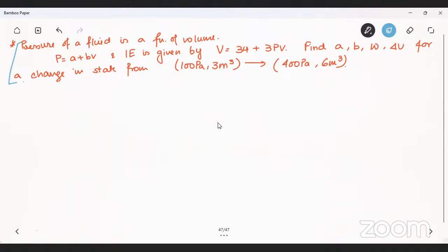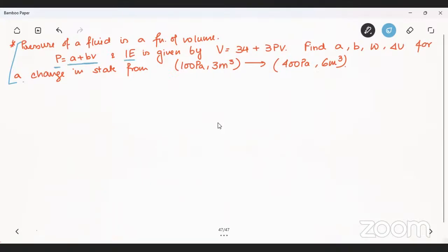So, this problem deals with pressure and the internal energy of a fluid. The pressure is given as P and it is said that pressure is a function of volume, and thus the equation is like this. So, pressure depends on volume in some manner which we don't know.